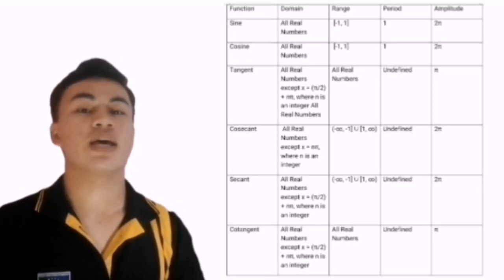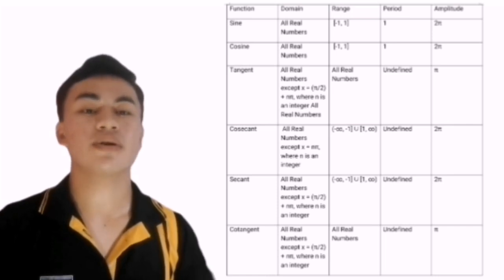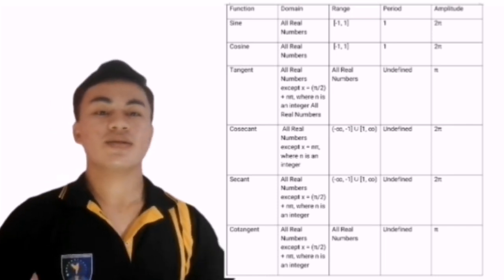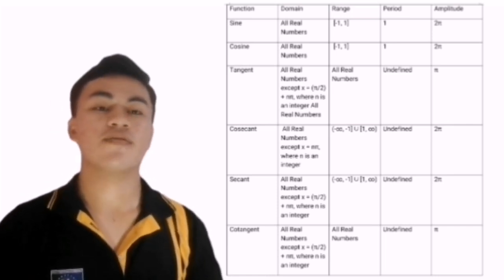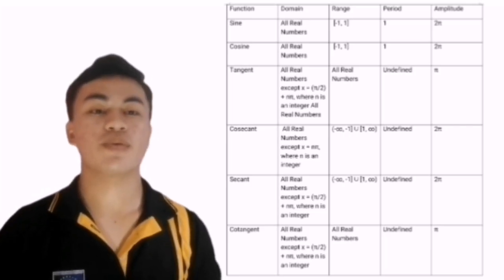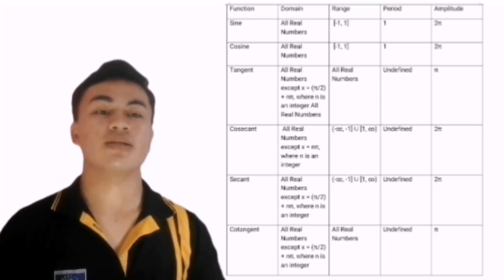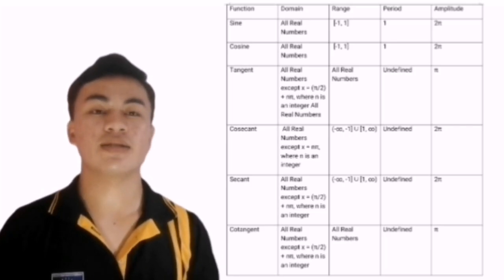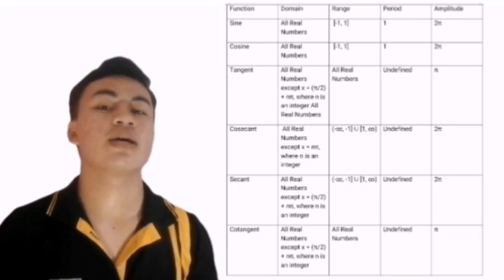And now let us proceed to the domain, range, amplitude, and period for each function. So the sine function, its domain is all real numbers. Its range is between -1 and +1, while its period is 2 pi and its amplitude is 1.